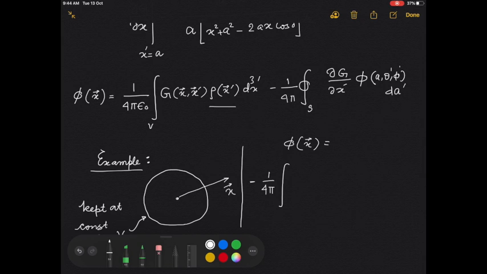What is the area element of the surface of the sphere?